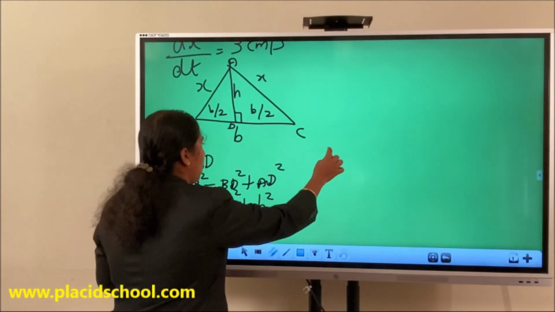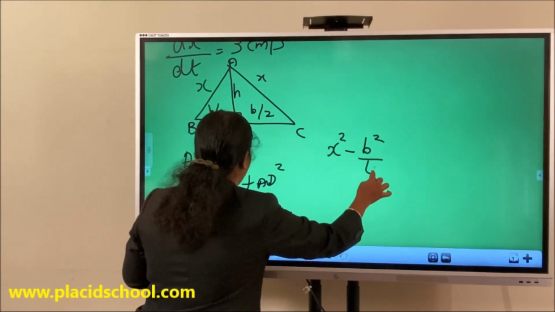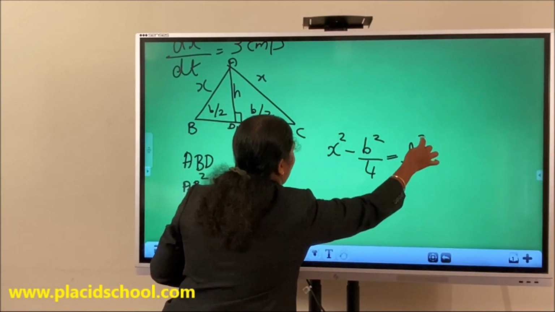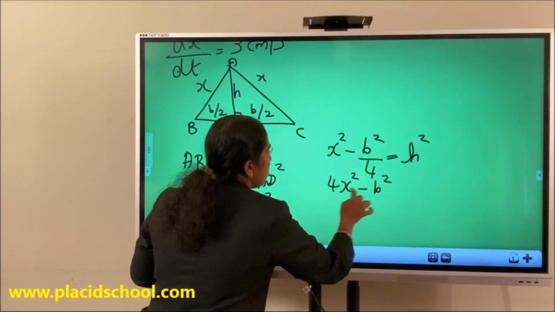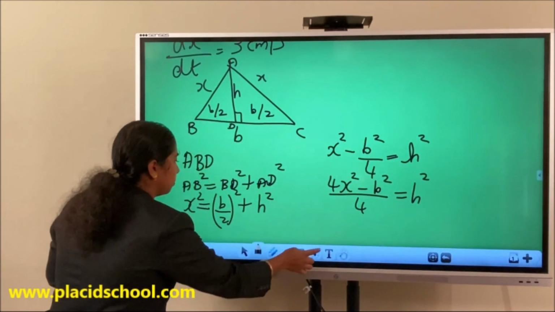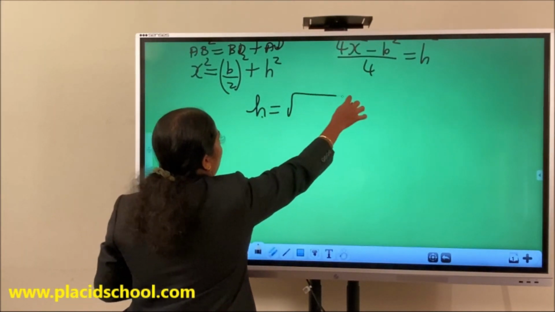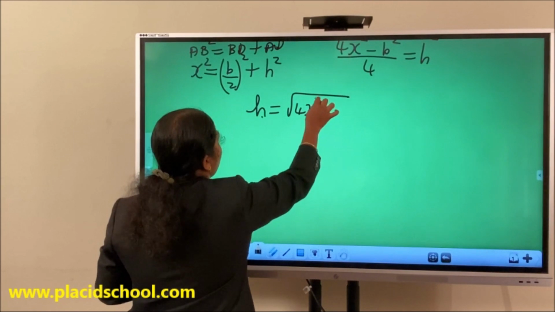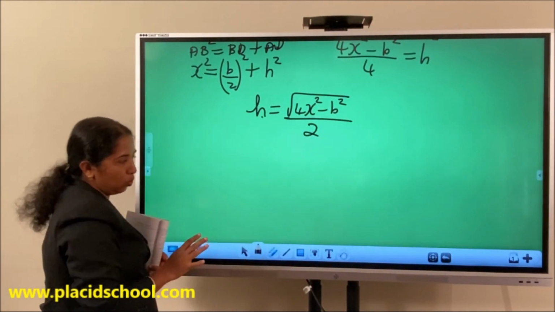Simplifying, x square minus b square by 4 equal to h square. So (4x square minus b square) by 4 equal to h square. h is square root of 4x square minus b square the whole divided by 2.